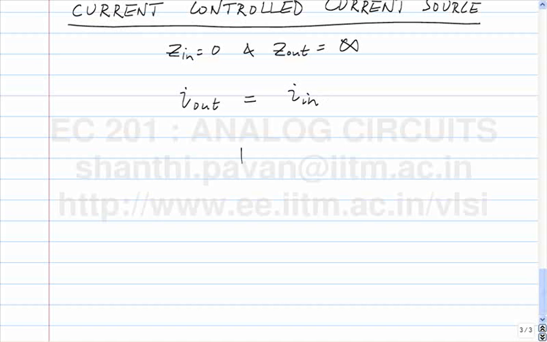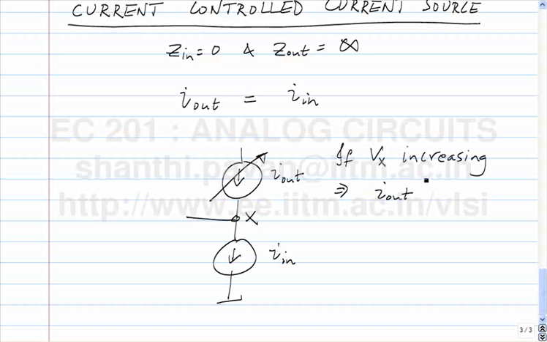Okay, so one thing is to say, if I had a variable current source, I would compare the value of this variable current source with my input current. And then if I look at the potential of this node, if Vx is increasing, it means that I out is too high.